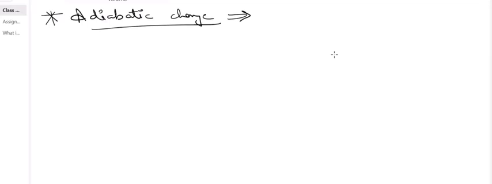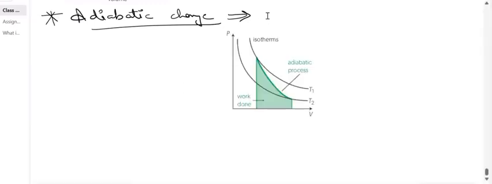Let me explain adiabatic expansion also. This is adiabatic. What happens is when no energy is transferred between the system and the surrounding, it is known as adiabatic.